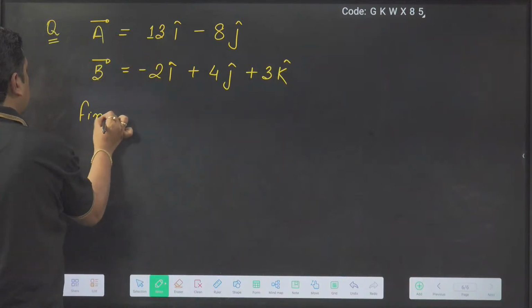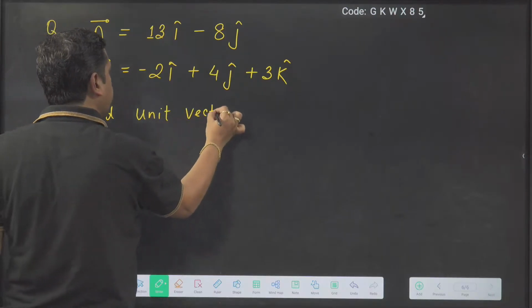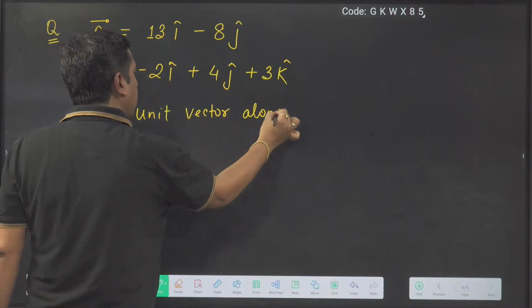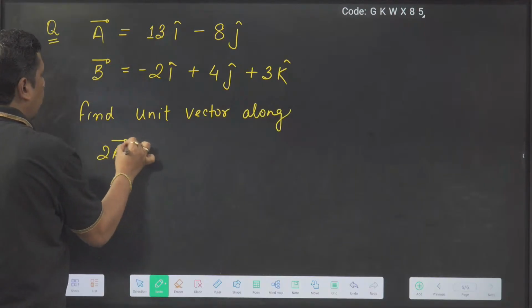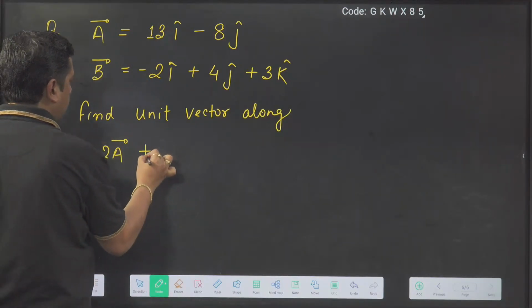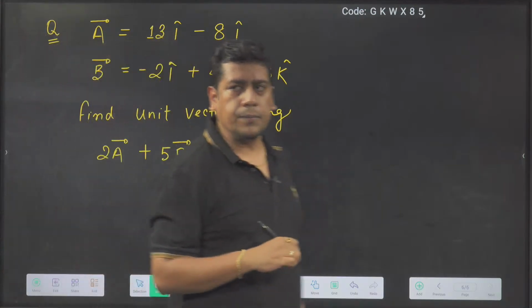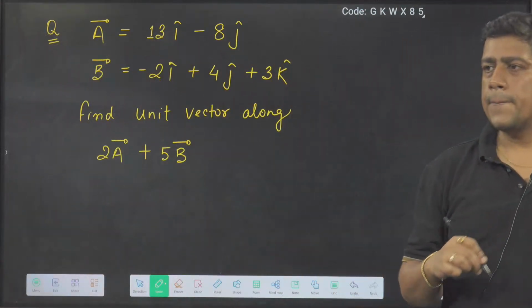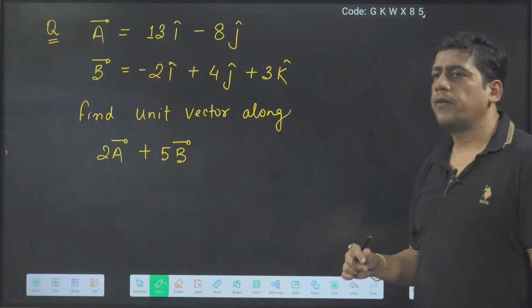The question is find unit vector along 2a vector plus 5b vector. Find unit vector along 2a vector plus 5b vector. Come on.